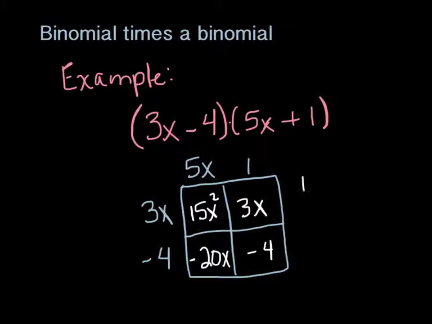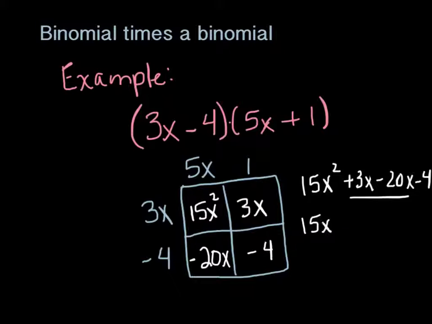Now you can go ahead and take all of your answers from your box and write them as a polynomial. Minus 20x minus 4. And then you could combine your like terms. So you'd have 15x squared. And then 3x minus 20x is negative 17x minus 4.